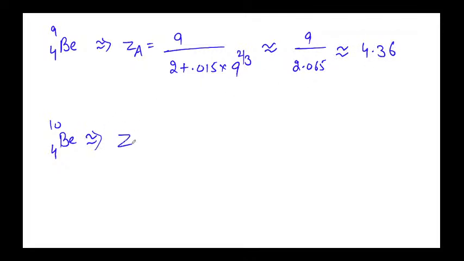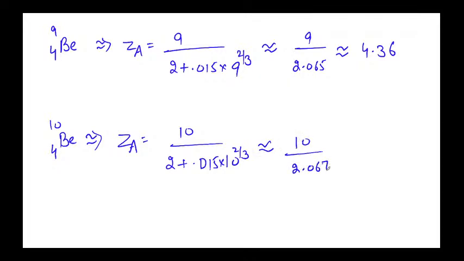And for this, ZA is 10 over 2 plus 0.015 times 10 to the power 2 by 3, so that comes out to be 10 over 2.067, that is 4.80.